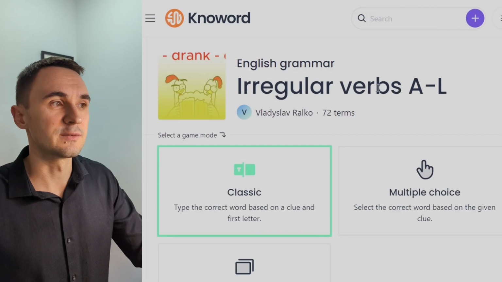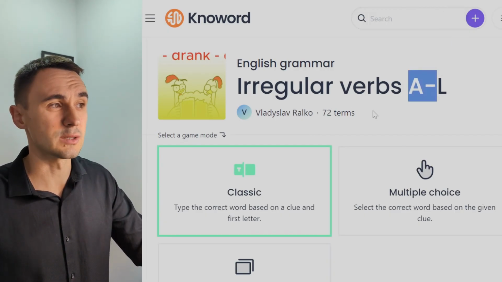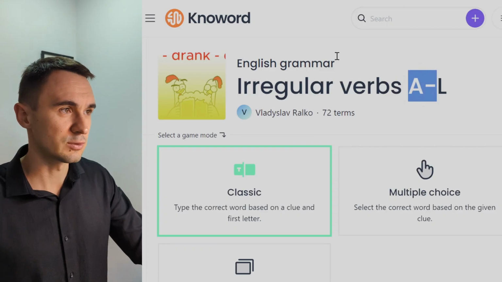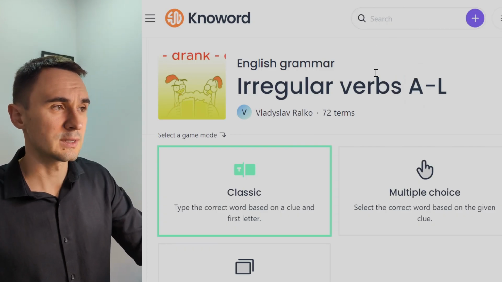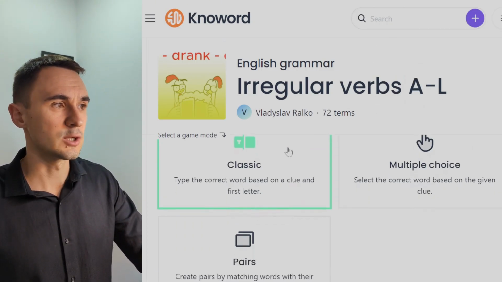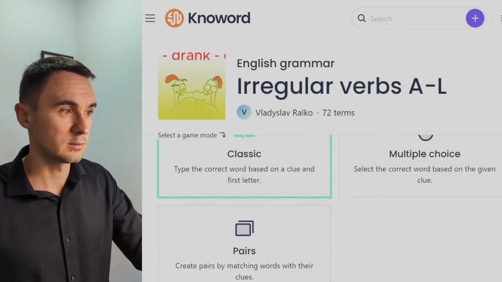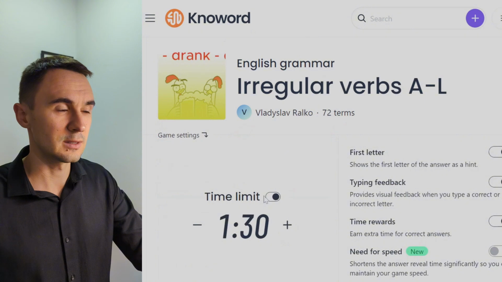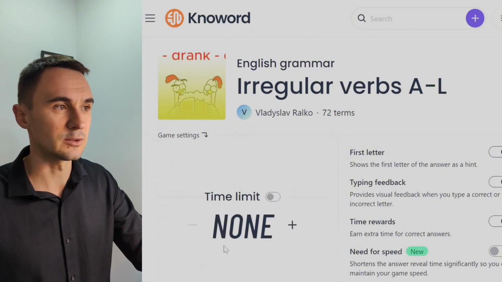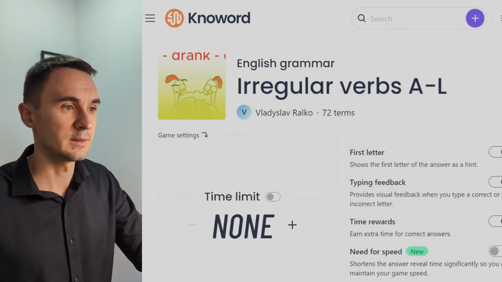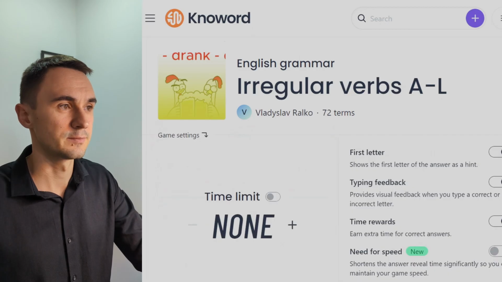As you can see in the first quiz, you have 72 terms. It's a great, interesting website called No Word, and I created those quizzes there. Just go ahead and choose classic mode here, go to rules, and remove the time limit completely, okay? And then just click start game.